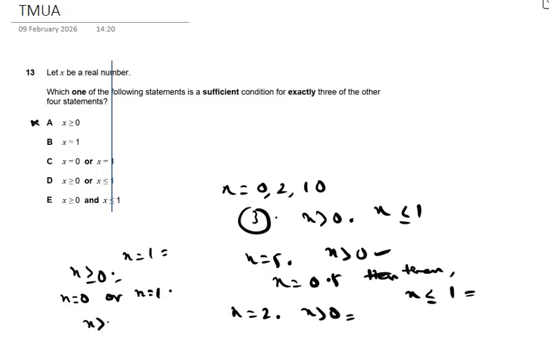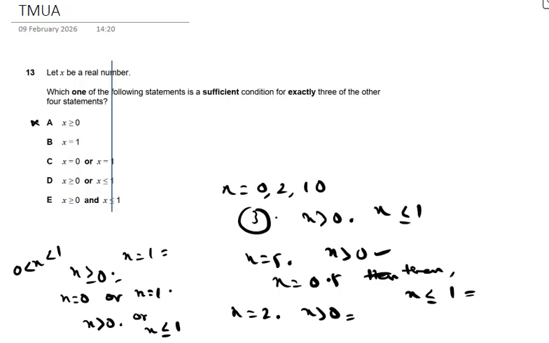Third, x greater than 0 or x less than or equal to 1. Since 1 is greater than 0, this is true, and also 1 is equal to 1, so x less than or equal to 1 is also true. So this statement is definitely true. Okay. Now fourth, 0 less than x less than 1. Is 1 strictly less than 1? No, this statement is false.